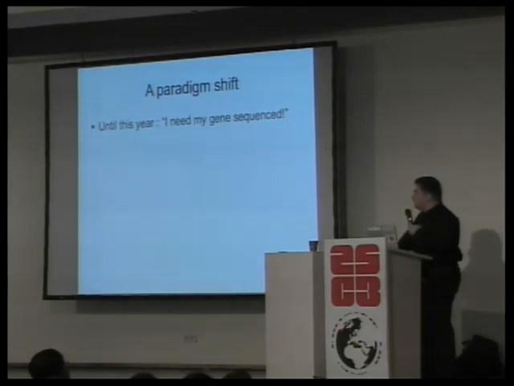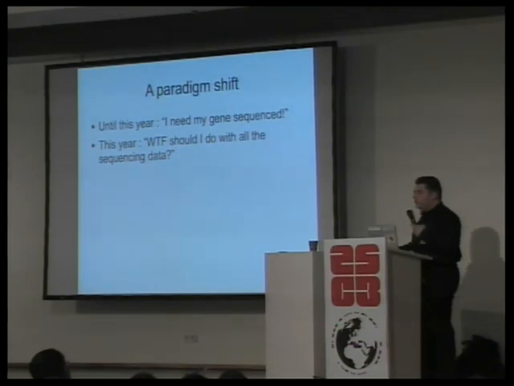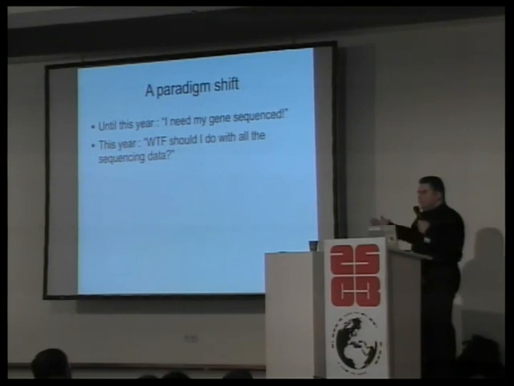And this year, I've repeatedly heard people say, here's your gene sequence. We didn't sequence it once, we sequenced it 20 times because we had spare capacity. And I say, what am I supposed to do with all this?